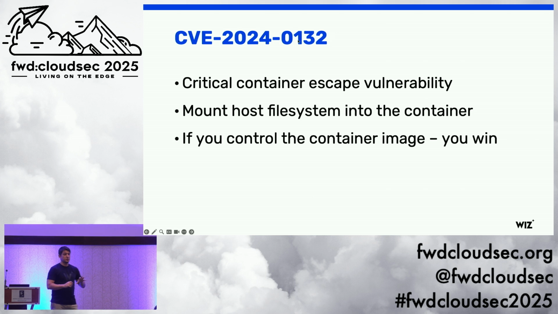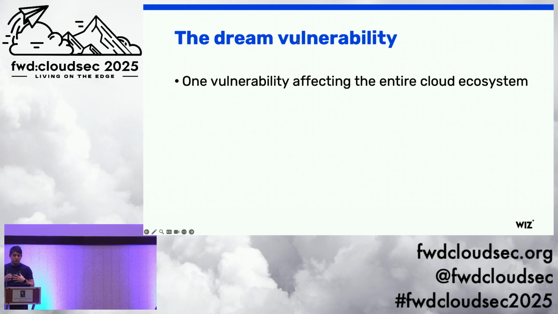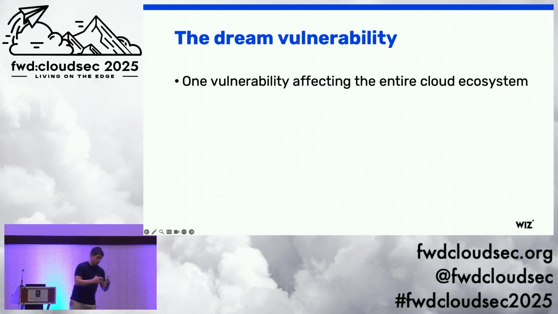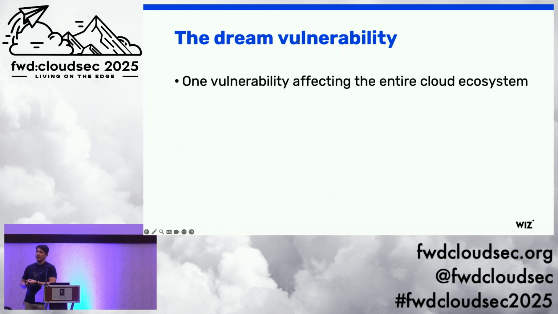You had to either control the Dockerfile that's going to be provided to the service, or provide an image that you build with a specific Dockerfile. This was the dream vulnerability for us. We knew that NVIDIA Container Toolkit was used in almost every cloud service provider, and the exploit itself was very reliable.